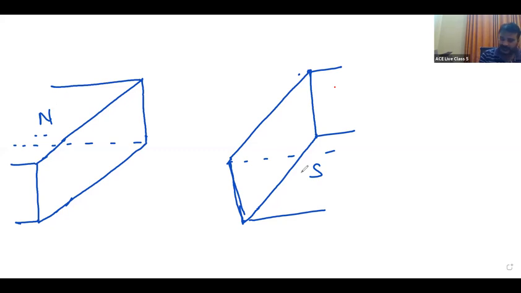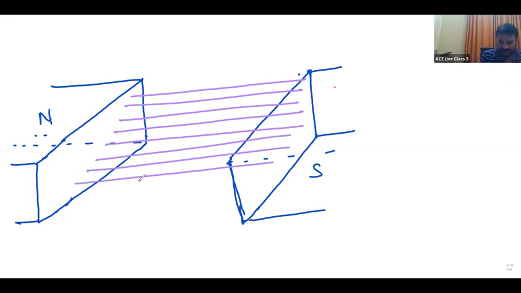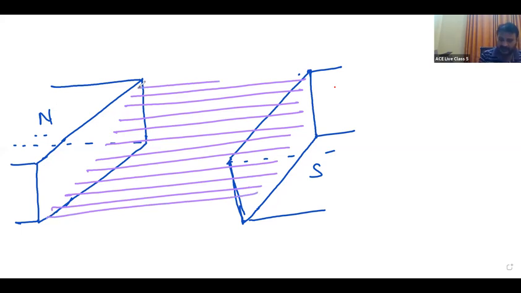The flux direction is from north to south. I will quickly revise this. Of course, we have discussed this topic, but for continuation, I need it. So the flux is from the north pole to the south pole.